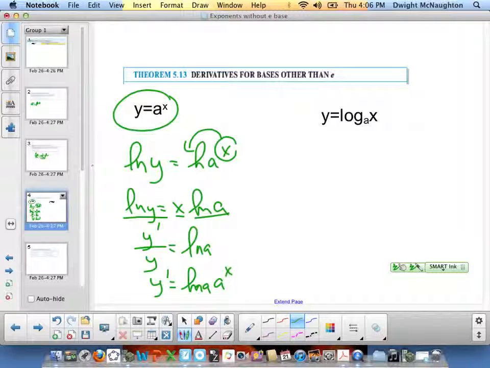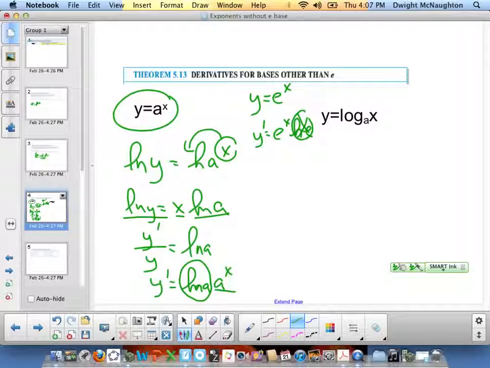So as you're doing this, you can see that when it was e to the x, it was just e to the x. Now it's a to the x, but we're multiplying by the natural log of the base. If you did that with y equals e to the x, it would be e to the x times the natural log of the base, and notice the natural log of e is 1.